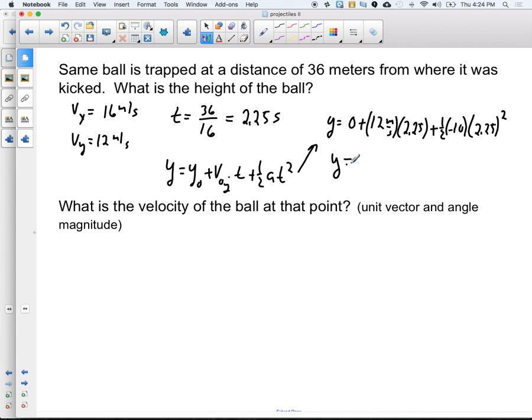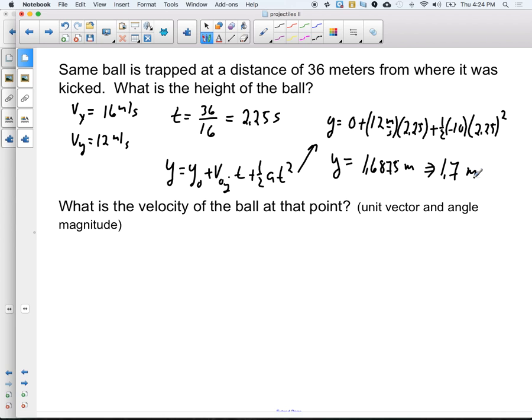And if I do that all out, I find that the ball has a height when it gets received of 1.6875 meters. Clearly, I would write that as 1.7 meters, but I wanted at least to give you the numbers that I had.